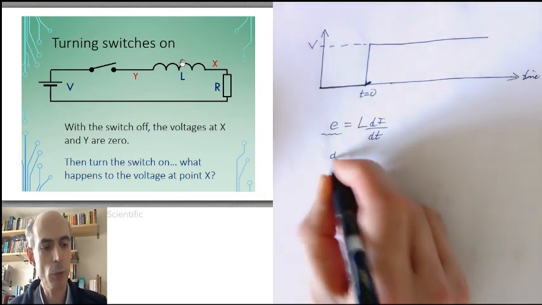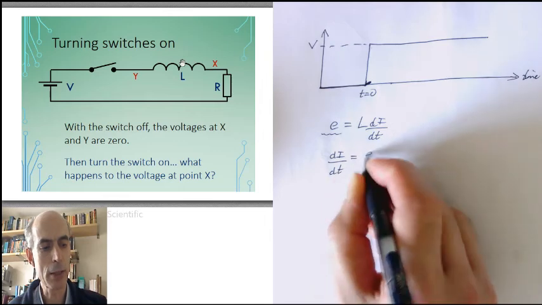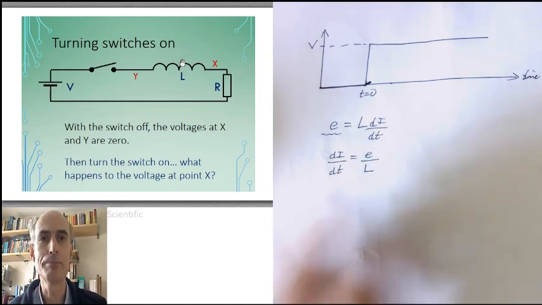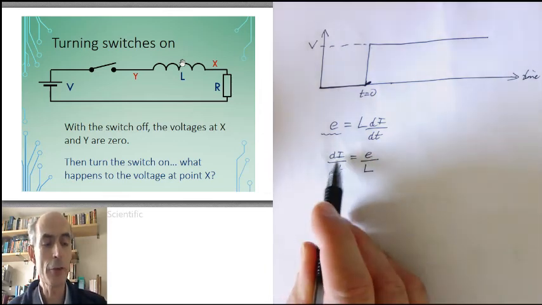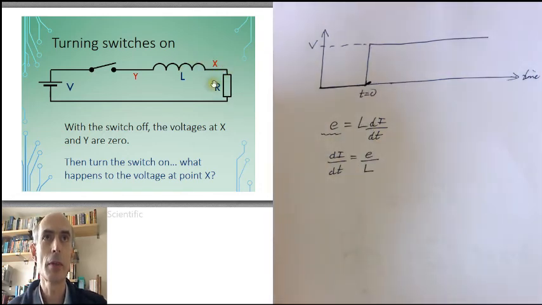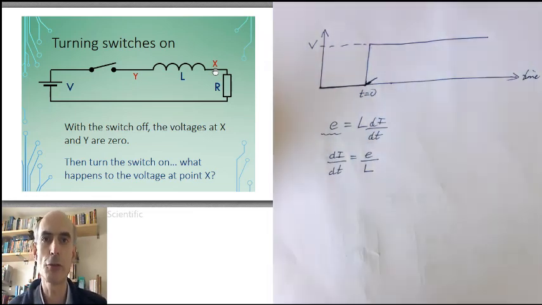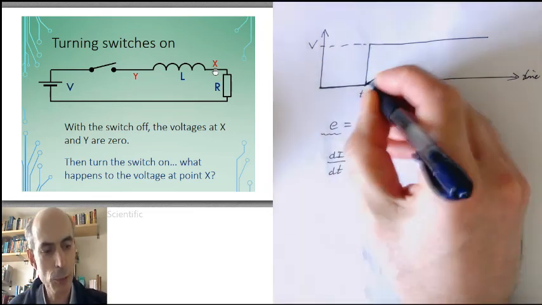And that means that we'll have a rate of change of the current, given by E over L. So the current is beginning to increase. And if the current is increasing, then the voltage across this resistor is increasing as well, which means the voltage at X is going to be starting to rise immediately after the switch has closed. It will start to go up.